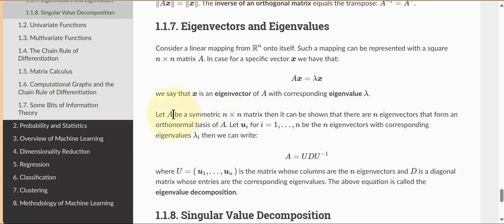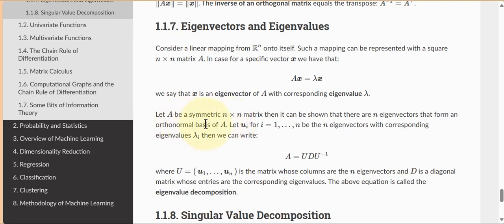So once again, let's repeat it one more time. This is only talking about when A is symmetric. We already reviewed the ideas of eigenvectors and eigenvalues. When A is symmetric, we can show that there are n eigenvectors that form an orthonormal basis.